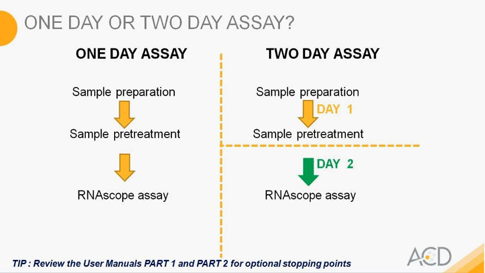Some of you are already aware of our protocols that include part 1 and part 2. In part 1, we review the sample preparation and pretreatment, and part 2 is the actual RNAscope assay that you will be performing. You can review this manual before starting your assay to determine which optional stopping points you can utilize to run a 1-day or 2-day assay.